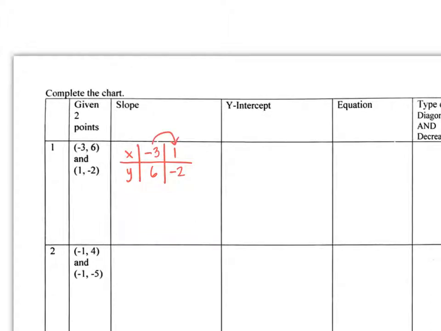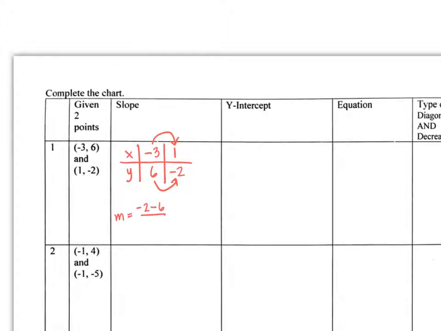So I'm going to use slope formula. I want to know what's my change in, sorry, I got to do change in y first. So my slope is going to be my change in y. How do you get from 6 to -2? In order to do that, you subtract, going backwards, -2 minus 6.